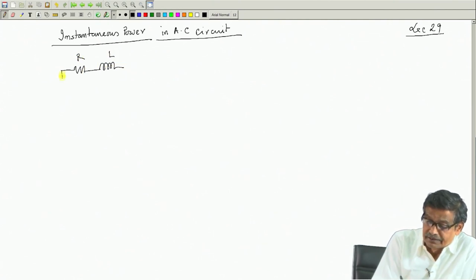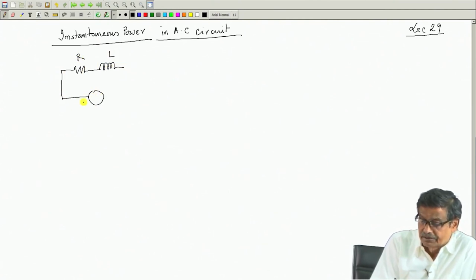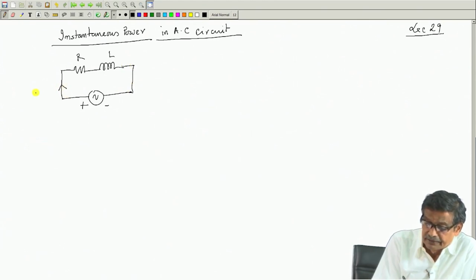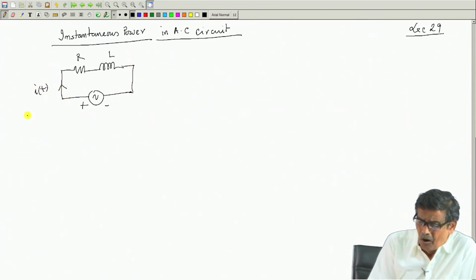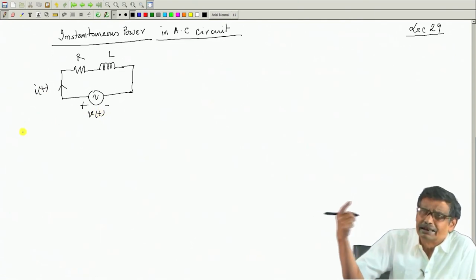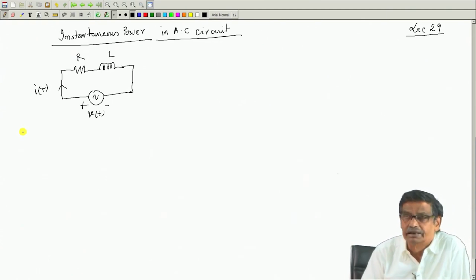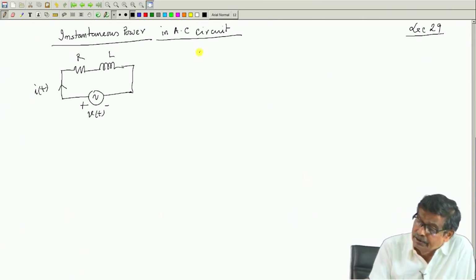So, this was my circuit, this was the AC sinusoidal voltage, and this was the current. Of course, while solving for this current, I took help of phasors. Now, I am trying to interpret the power, so I have come back to the time domain. What did I do?